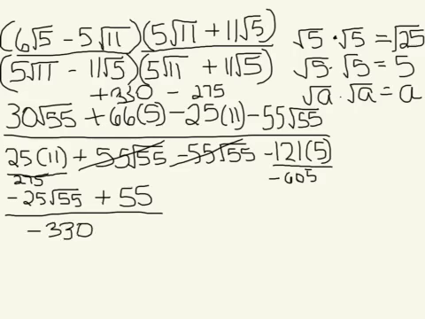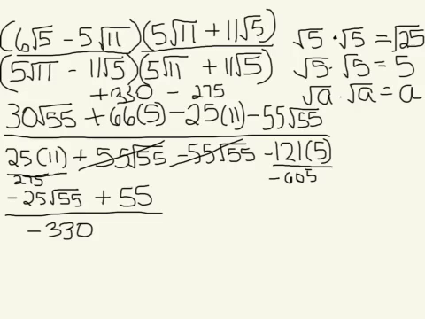Okay, well technically we've rationalized the denominator, but it's not fully simplified. The way you can tell that is if there's a common factor in these number parts on the numerator, then it may cancel possibly with the denominator. And it turns out that yes, indeed, there's a common factor of negative 5.